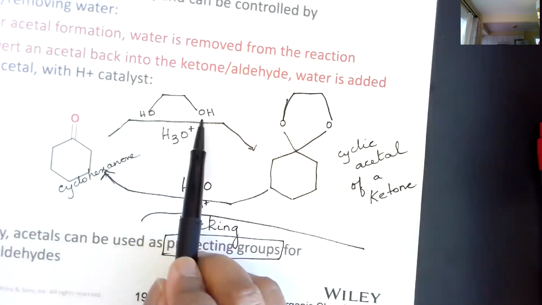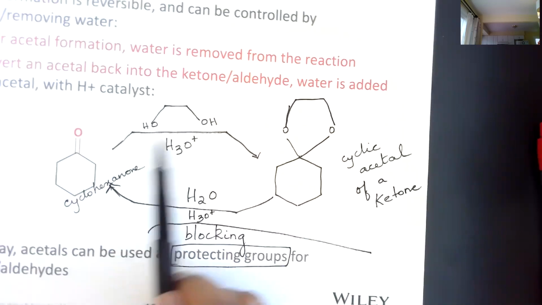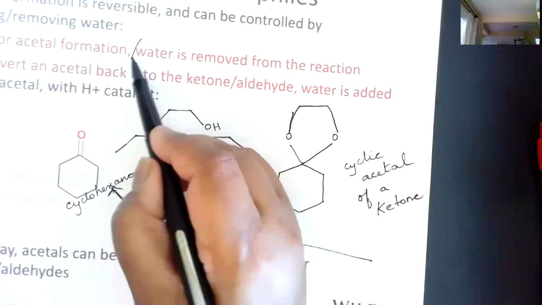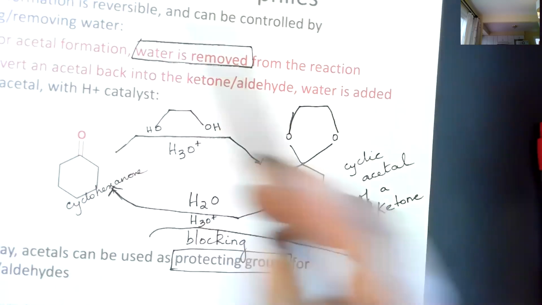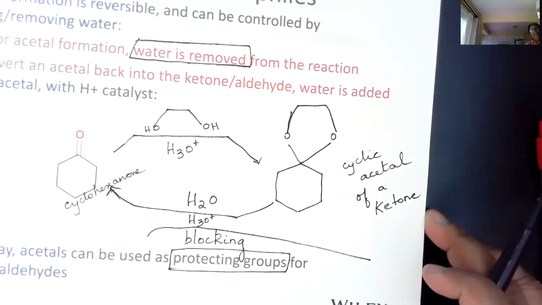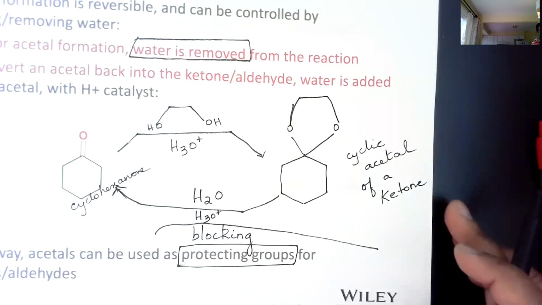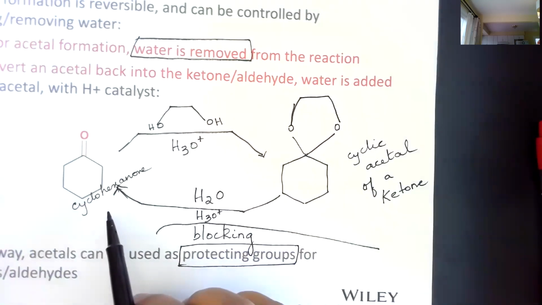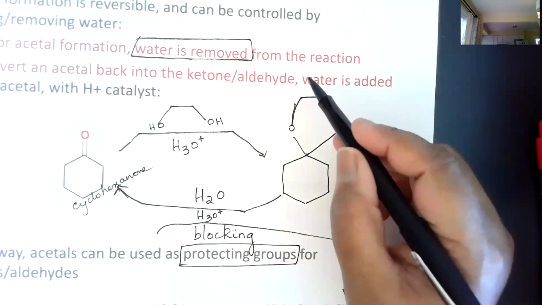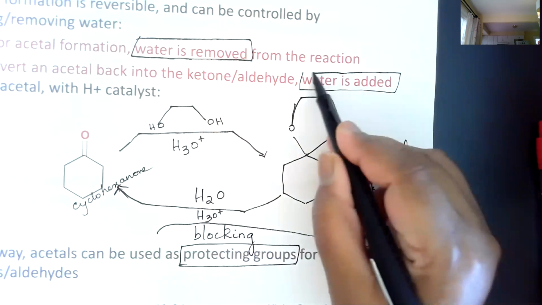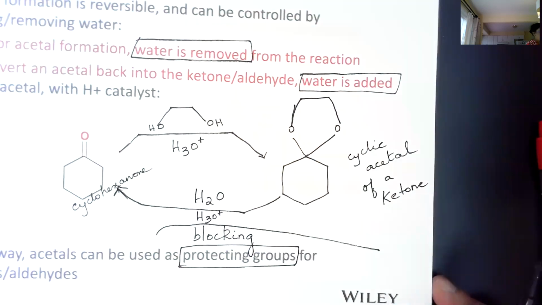So when you take the diol and this, ultimately what is happening is a molecule of water is removed. Okay, it's like a dehydration reaction. And then on the reverse side, you have to give that water back. Okay, so they're saying water is added. Okay, to look at it conceptually.